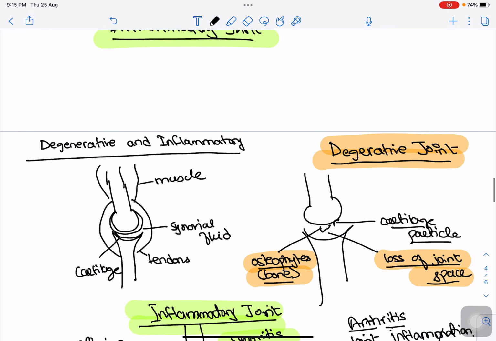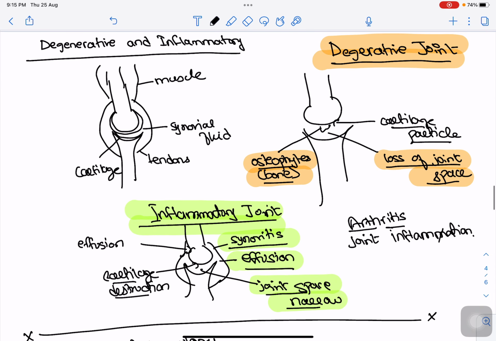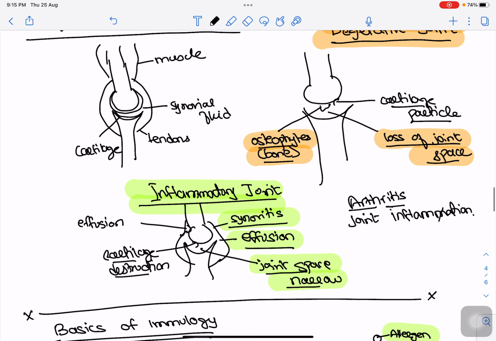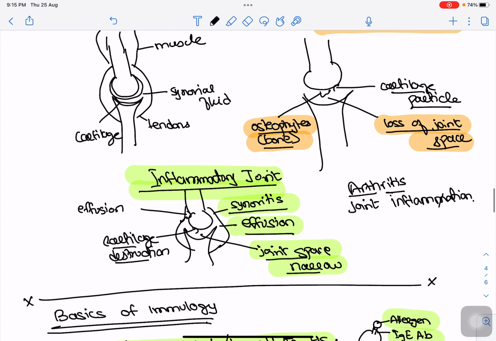If you go through the previous lecture, we have covered the difference between a degenerative and an inflammatory joint. A degenerative joint would have loss of joint space and osteophyte formation, whereas an inflammatory joint would have inflammation along with narrowing of the joint space, synovitis, and cartilage destruction.